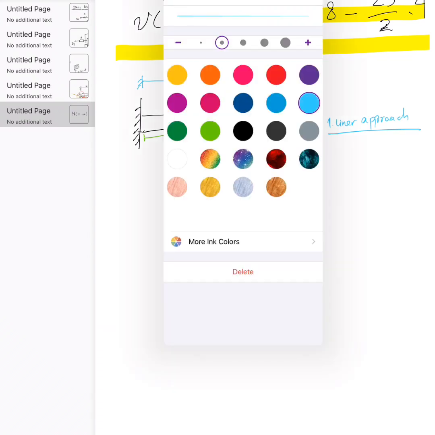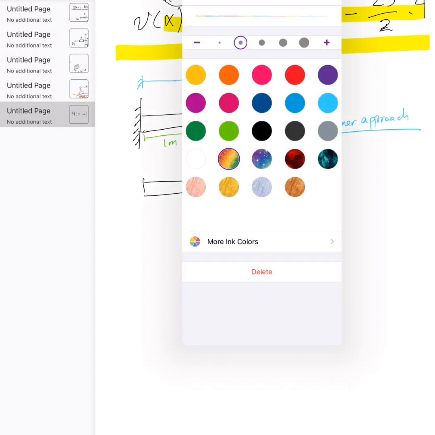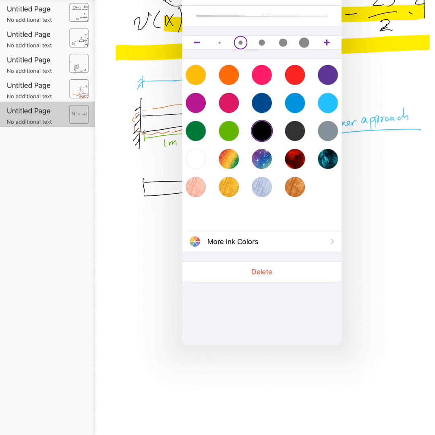Let's first find the wall reaction using the basic vector statics method. If I take this guy as my system, let's go back to the old thing. So this is my system, and then I draw the FBD, write the equations, solve them, and verify them to find the wall reaction.